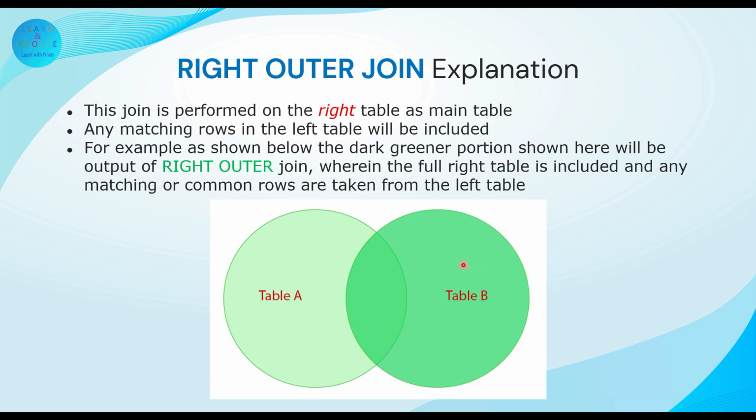Any matching rows of table B when compared with table A, that means it will compare all the individual single records of table B with table A and it will pull out and display along with table B. If there are no matching rows, it will straight away display null for table A, but it will display all the records of table B. This is how a right outer join works. So we'll see it more clearly in the example.